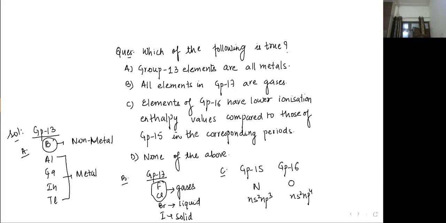Correct. Ionization energy of group 15 will be greater than that of group 16. The reason is half-filled configuration, which is stable. So the correct statement is C. Group 16 should have higher, but due to the half-filled orbital, group 15 has more ionization energy.